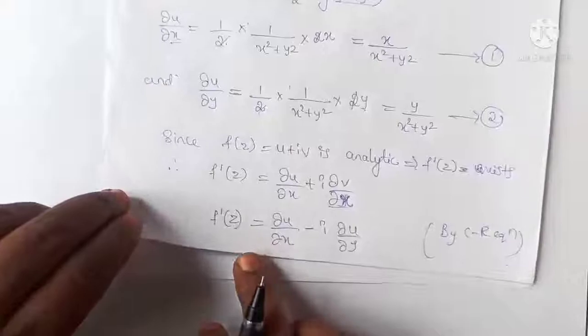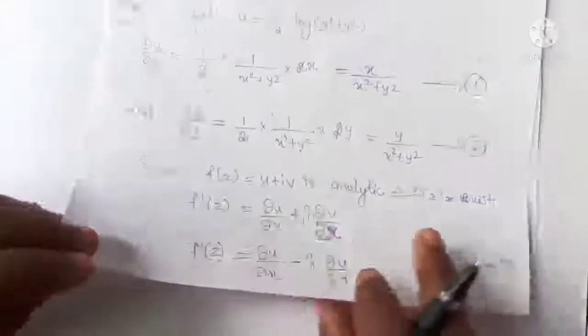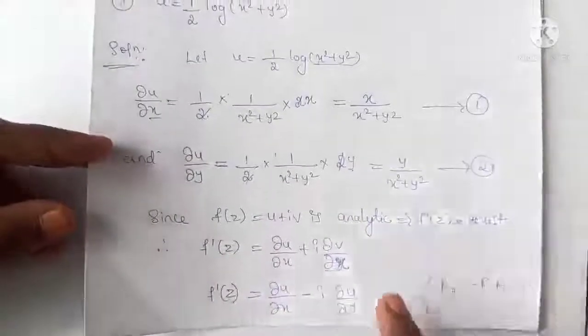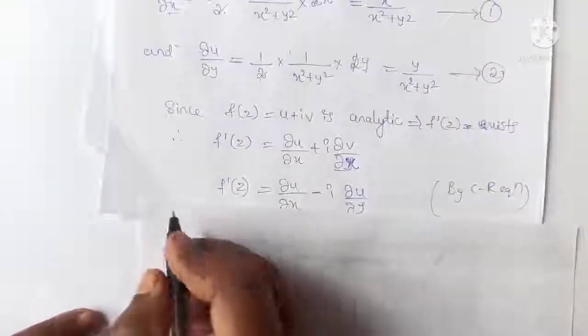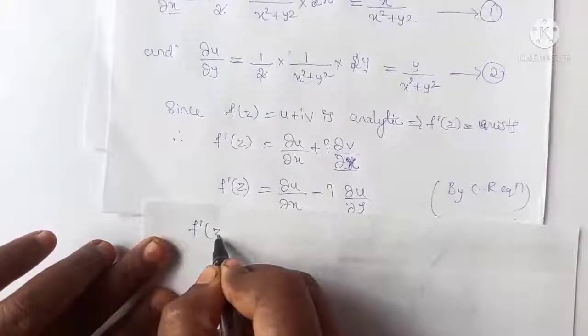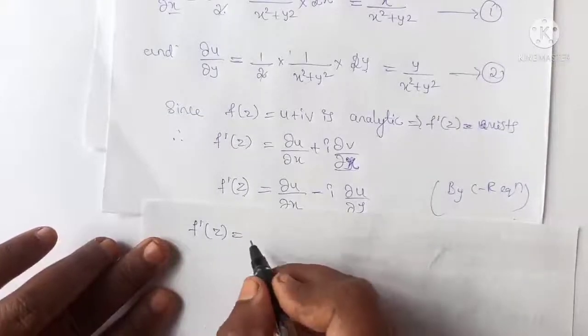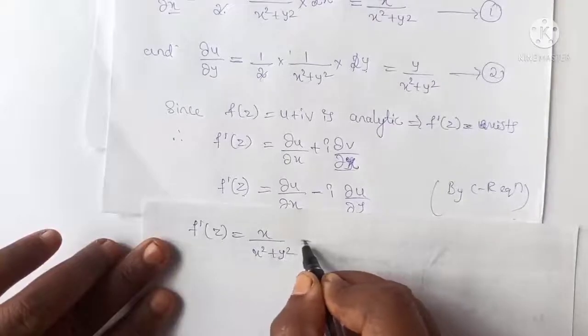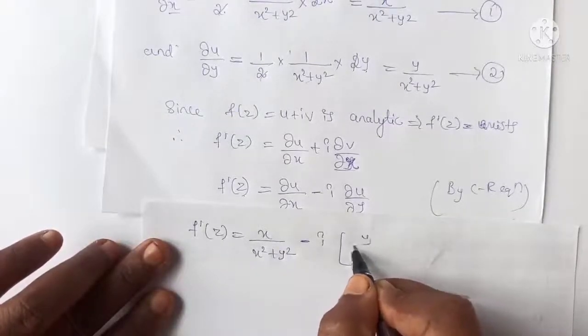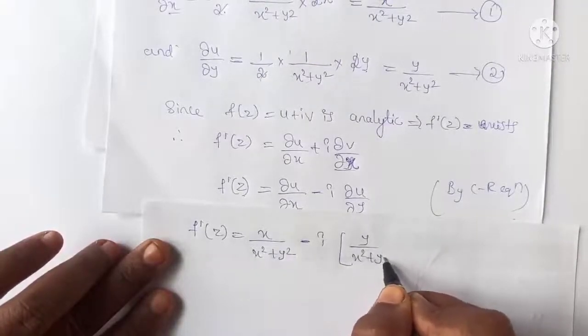Now we have to substitute ∂u/∂x and ∂u/∂y values from equations 1 and 2. So substituting those values, we get f'(z) is equal to ∂u/∂x from equation 1, that is x divided by x² + y², minus i y divided by x² + y², okay.